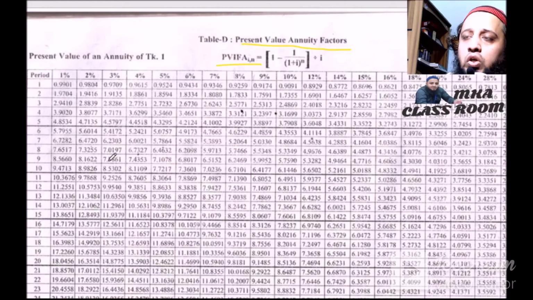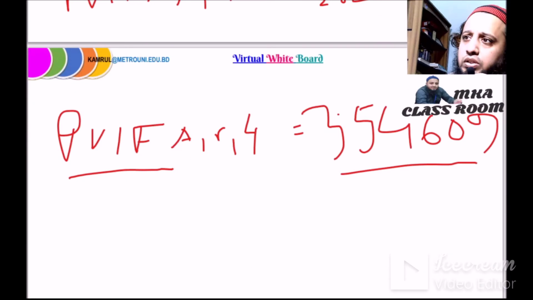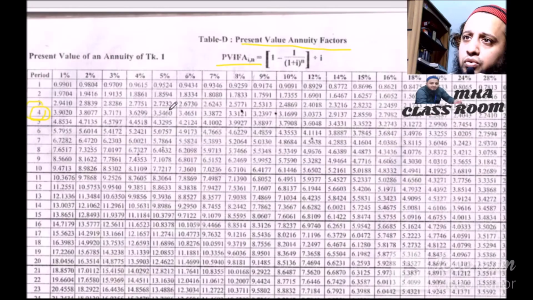So where we said value of n equal to 4, do you see value of n equal to 4? Yes, and our value is 3.546, and here 3.5460. That means 5% shows our required value.